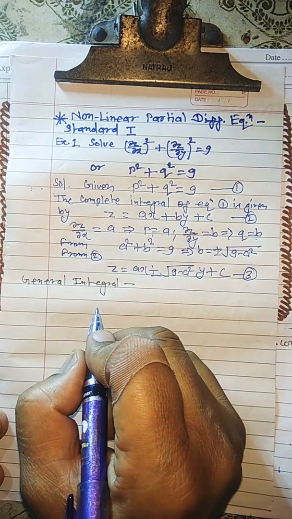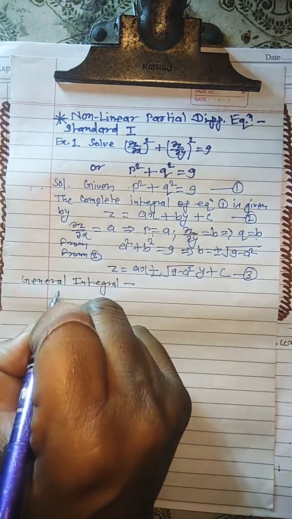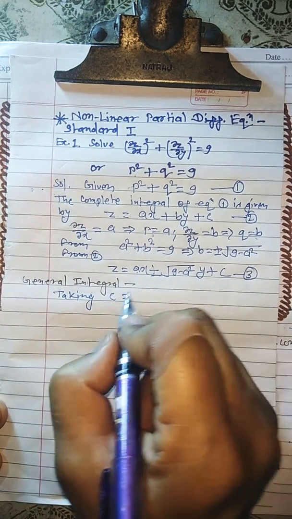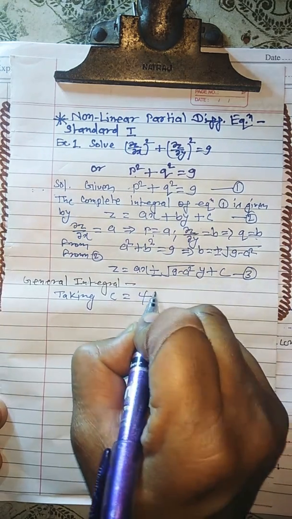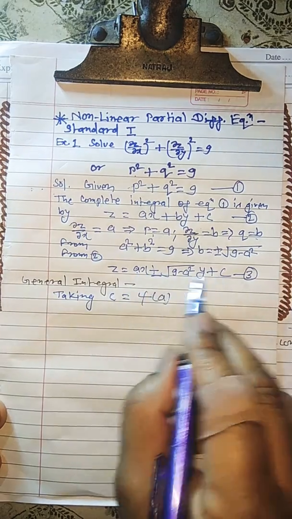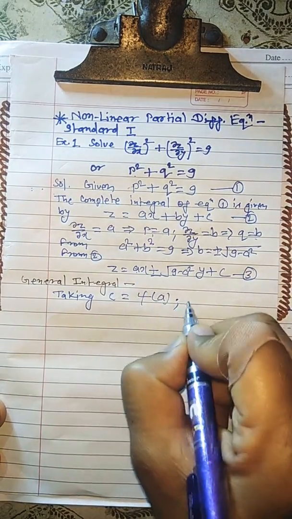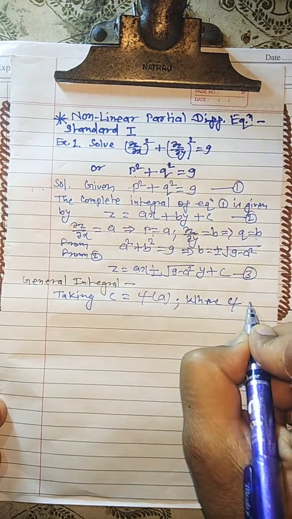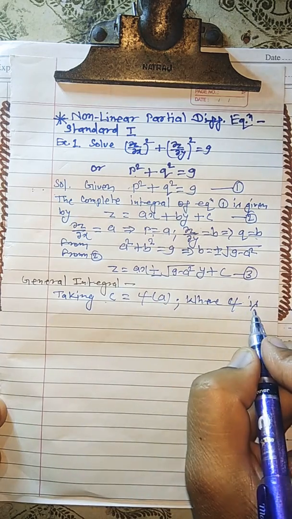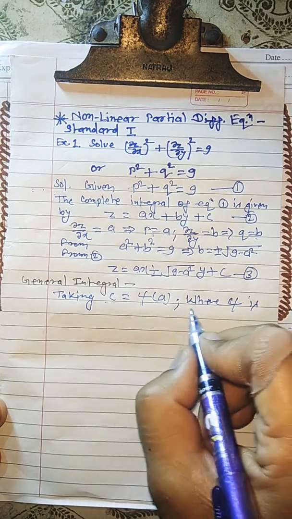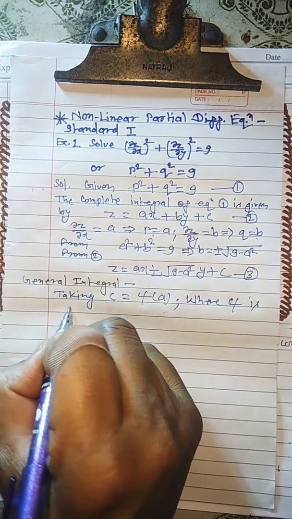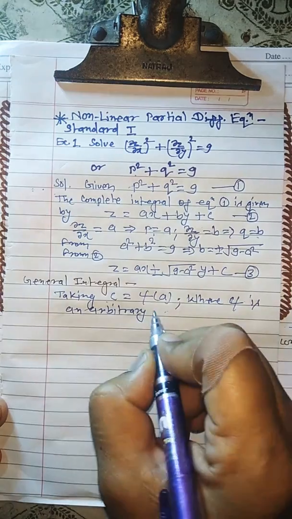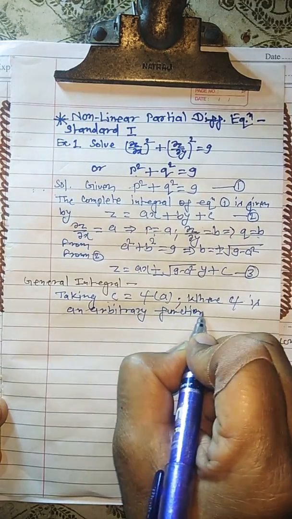For general integral, first we assume we are taking c equal to some function of arbitrary constant a, where psi is an arbitrary function, c equal to psi a.